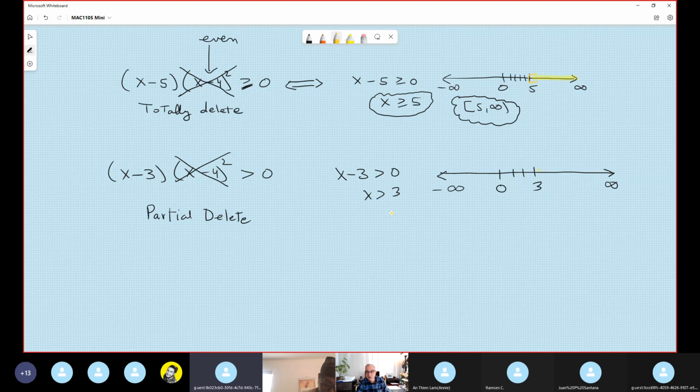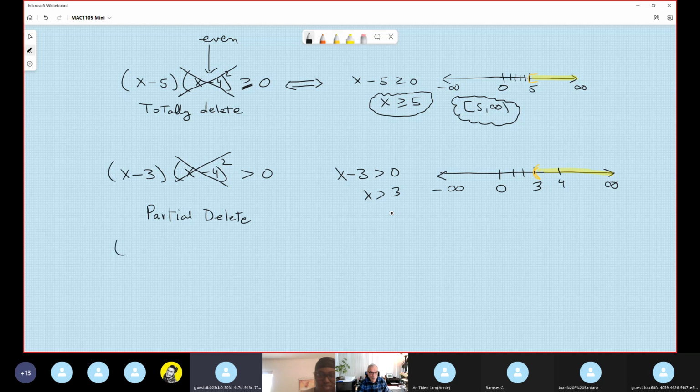And the symbolic way to indicate this idea is parentheses. But this answer is wrong. Why is it wrong? Because it includes 4. Let's see what happened with the 4. This is wrong because 4 is inside the interval, and 4 does not satisfy the inequality. Why not?